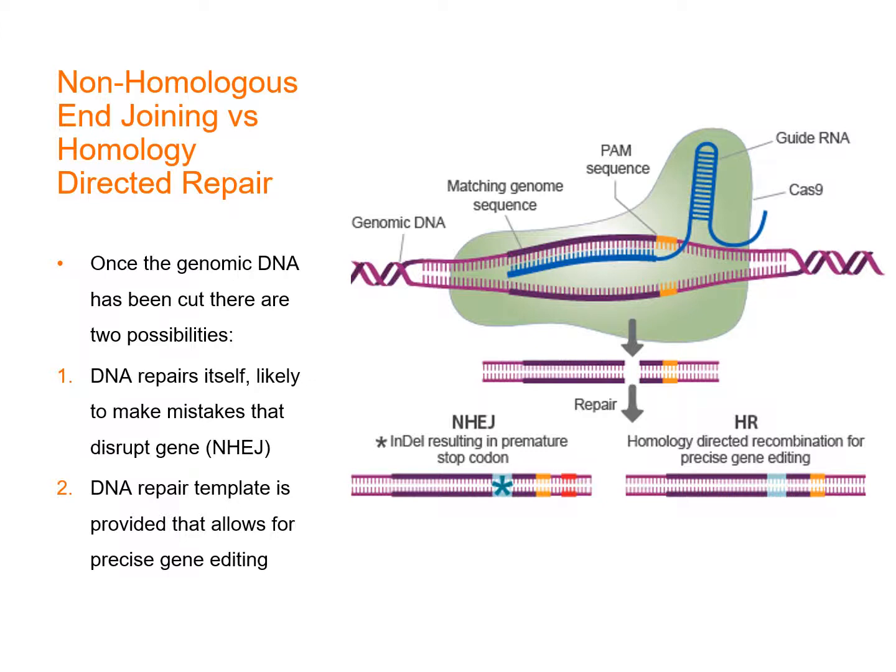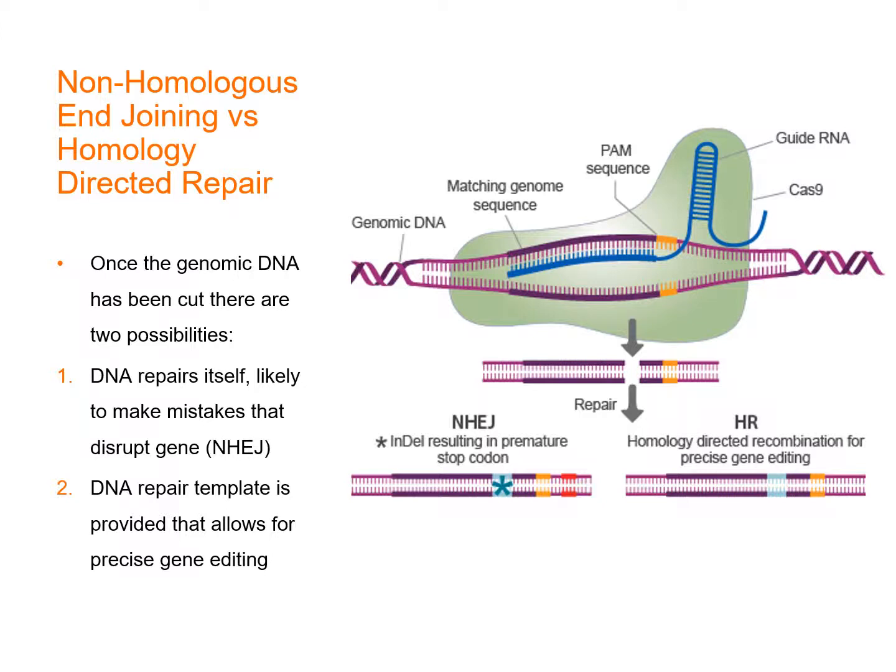Now, if we talk about homology-directed repair, this is something that allows us for a more precise kind of gene editing. And for this, you actually need a DNA repair template in addition to the whole CRISPR system that we've talked about previously.